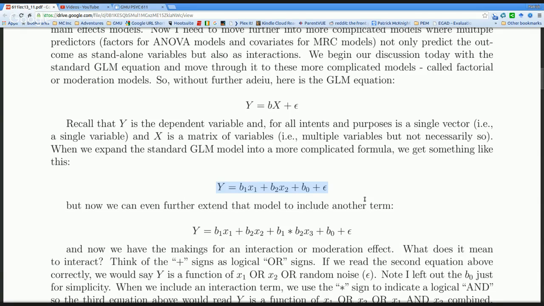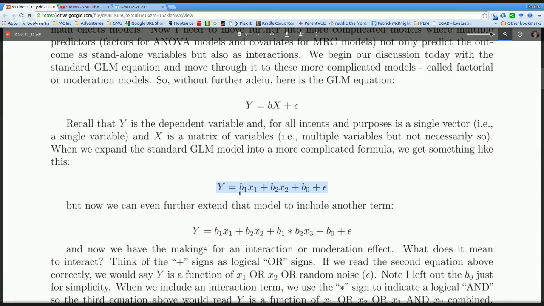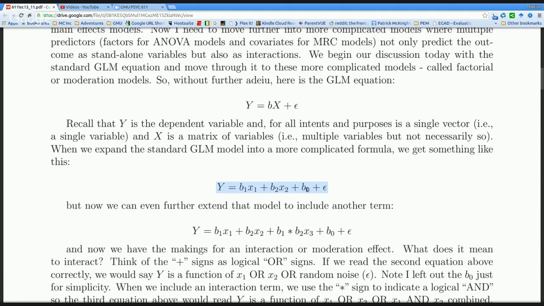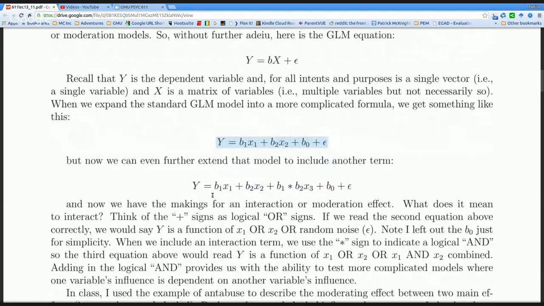Now, the concept of main effects is that these pluses are nothing but ors. So it's x1 or x2, or the intercept, or error. Now we can also include a more complex model, as in this one, where we have the main effect of x1, or x2, or x1 and x2, where the asterisk is a multiplication.